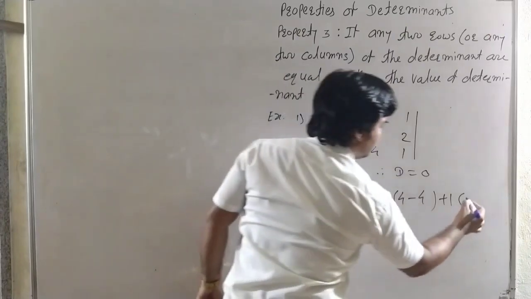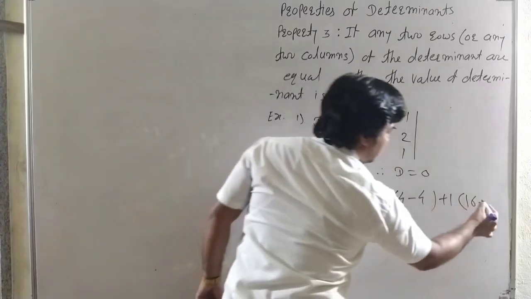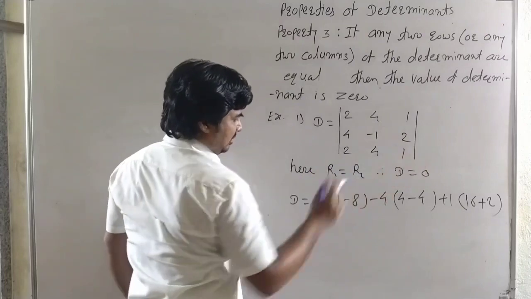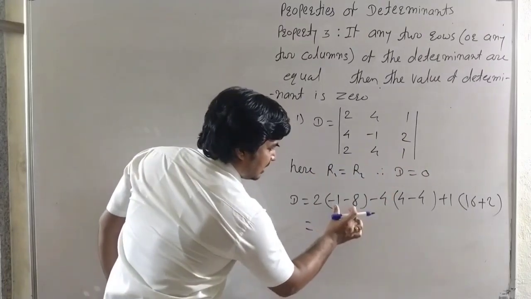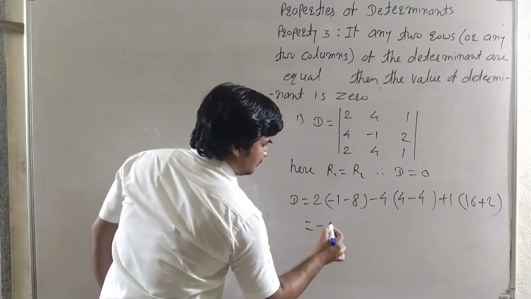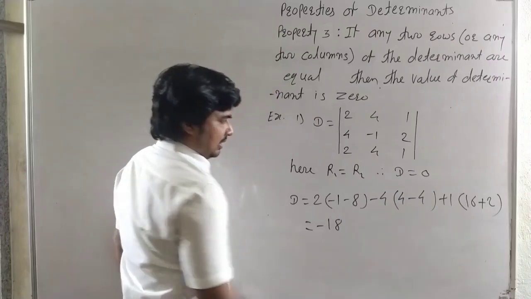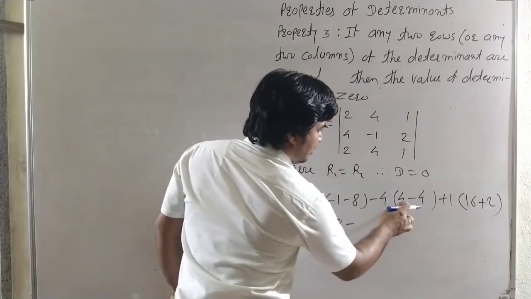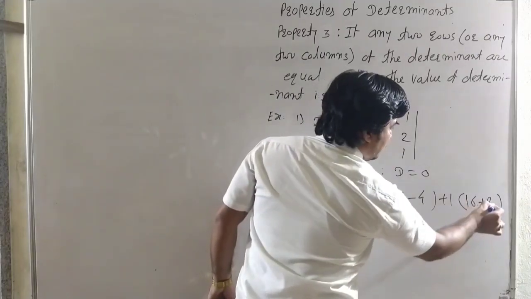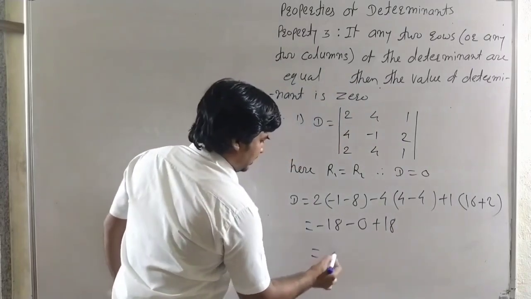It is 16 and minus 2, that means plus 2, so 16 plus 2. Then it is minus 9 into 2, it is minus 18. Here it is minus 0, and here 16 plus 2 is 18 into 1, it is plus 18, and then it is 0.